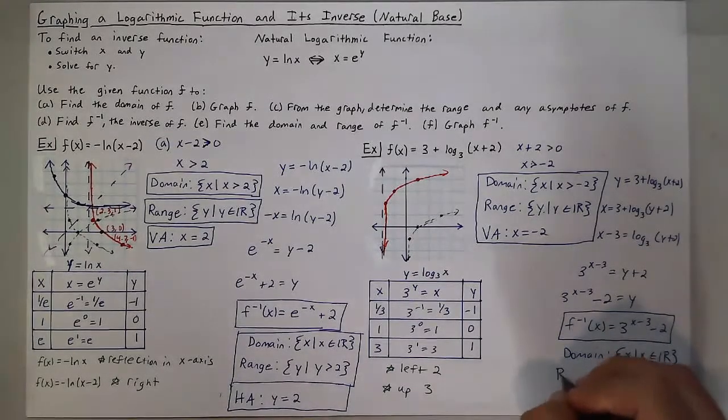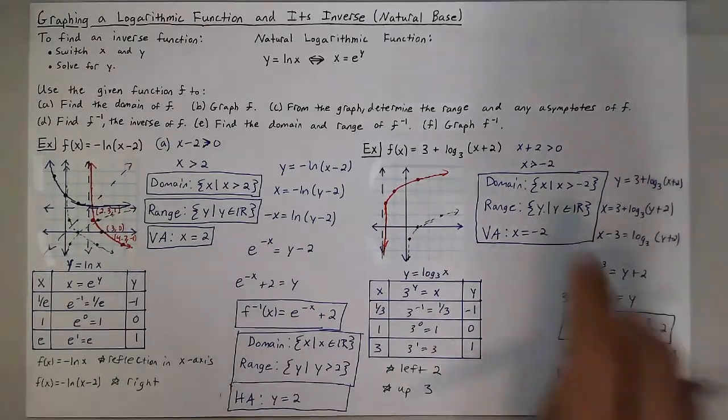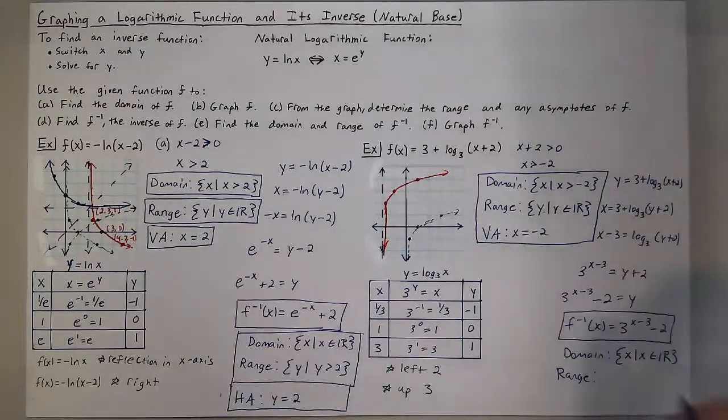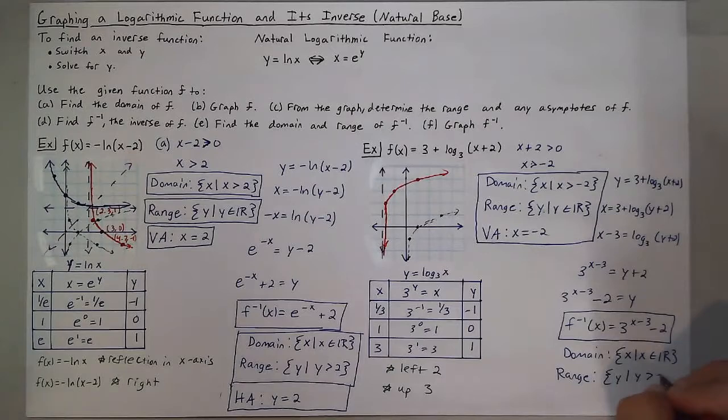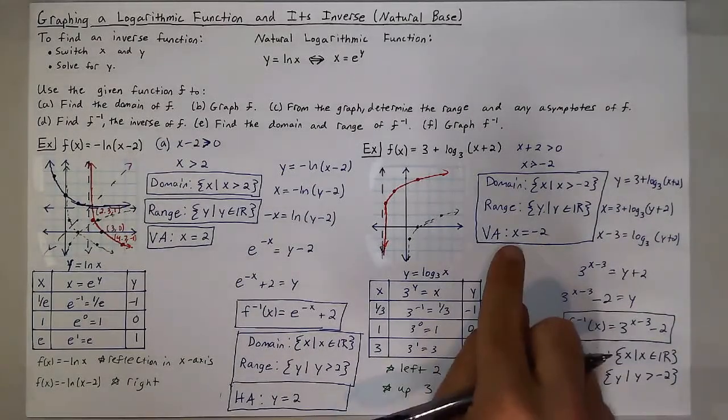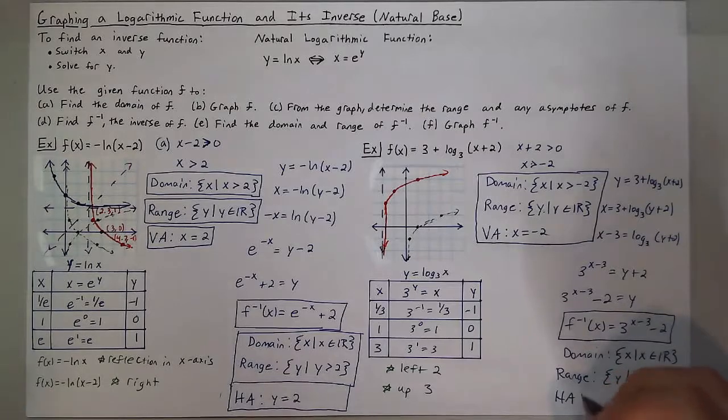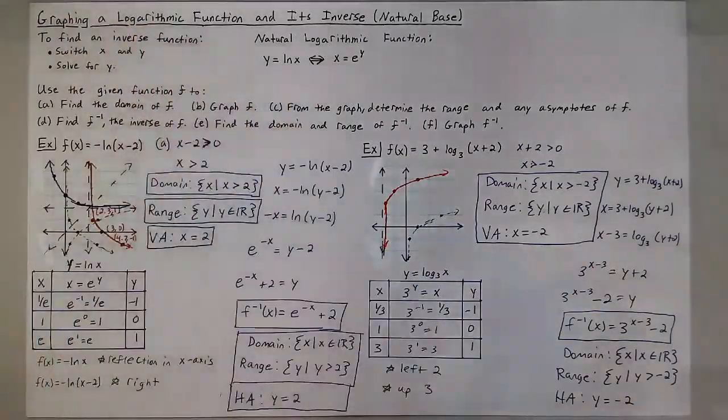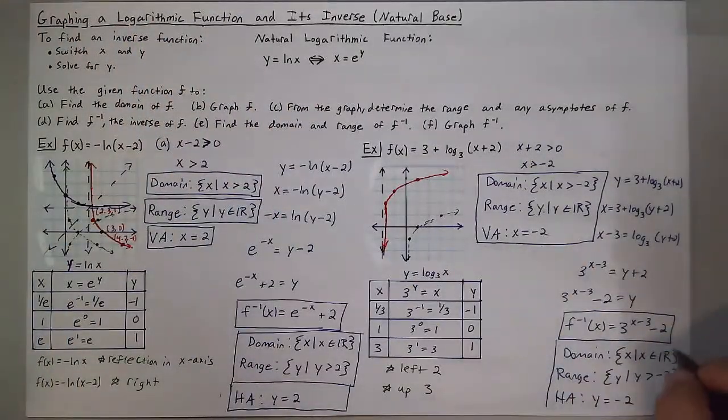The range would now be restricted to all things greater than -2. So all numbers y such that y is greater than -2. And now instead of a vertical asymptote, I have a horizontal asymptote at y is equal to -2.